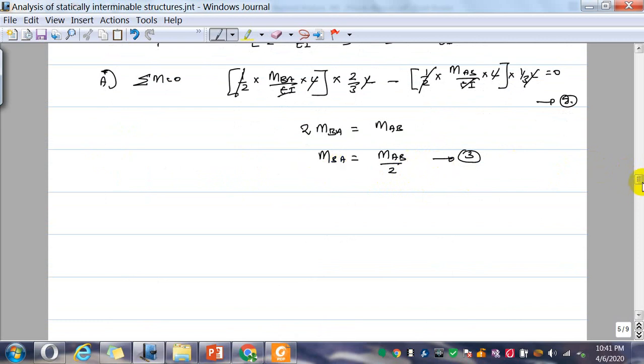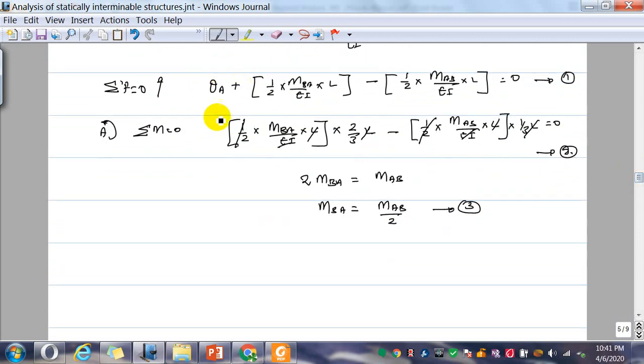Then you can have an equation between theta and MBA as well. If you get this equation, theta A is equal to half MAB over EI into L minus half MBA.